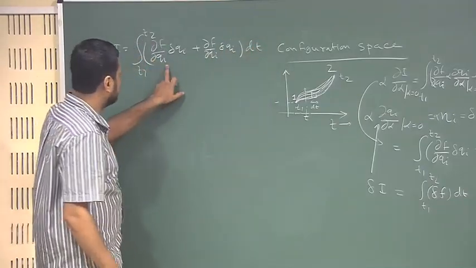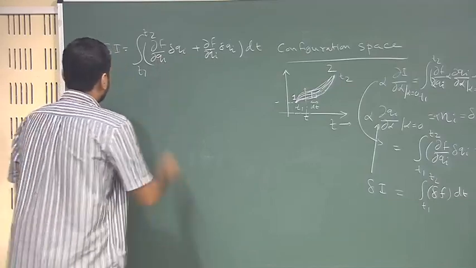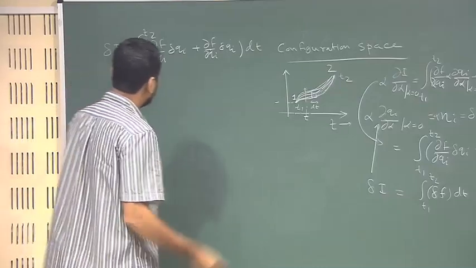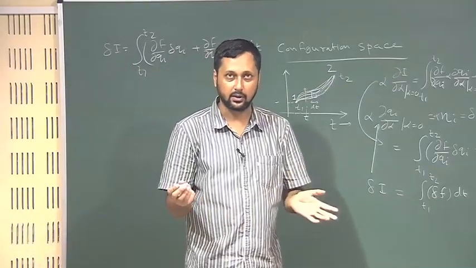Okay. And there is a summation over i, and from here we can, okay. So, there are two or three more steps which I will continue in the next lecture.